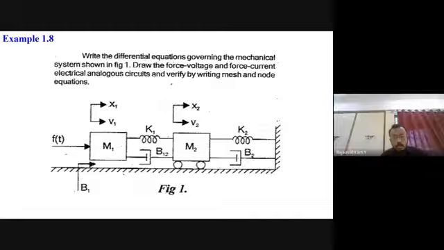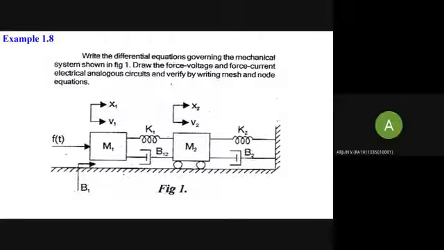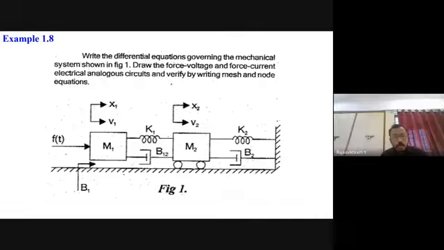Two nodes. What are the two nodes in this diagram? M1 and M2. Yes, exactly. M1 and M2 are the two nodes in this diagram. So you have to remember that the electrical circuit diagram also consists of two nodes.